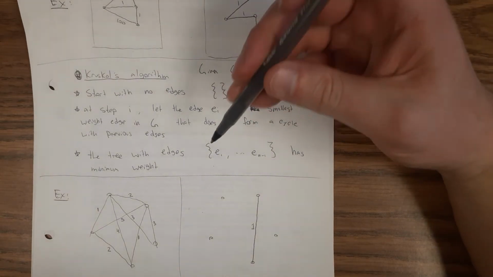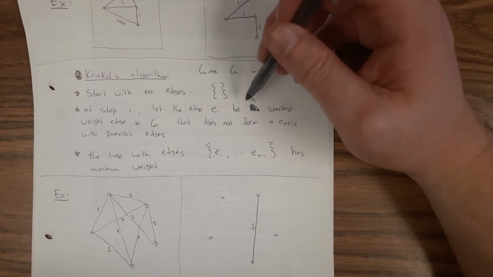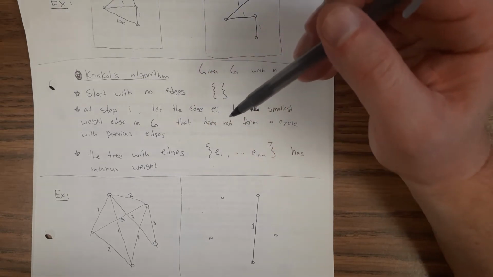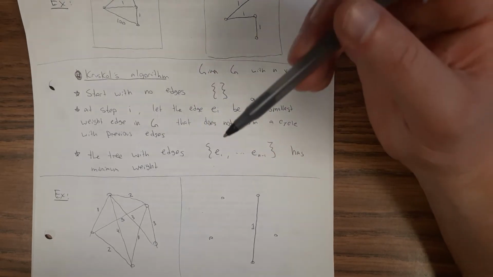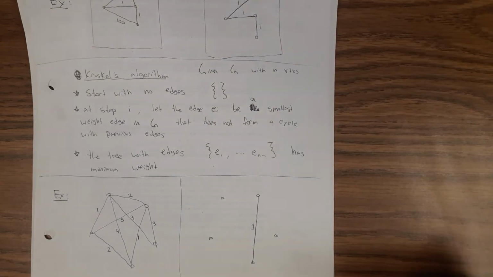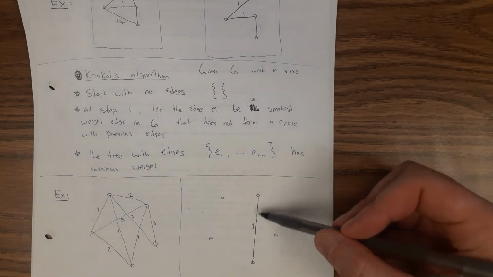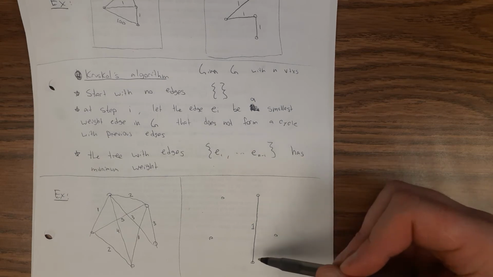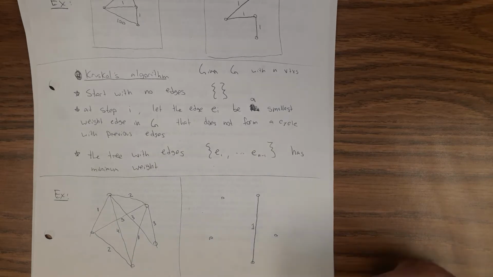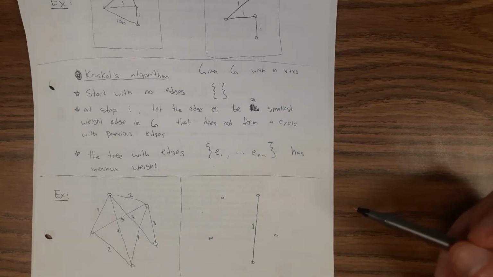Now step 2. I'm going to choose a second edge, and it's going to be a smallest weight edge that I haven't already chosen yet, and it doesn't make a cycle with previous edges. Now, I only have one previous edge. There isn't really any danger that my second edge is going to make a cycle with my first edge.